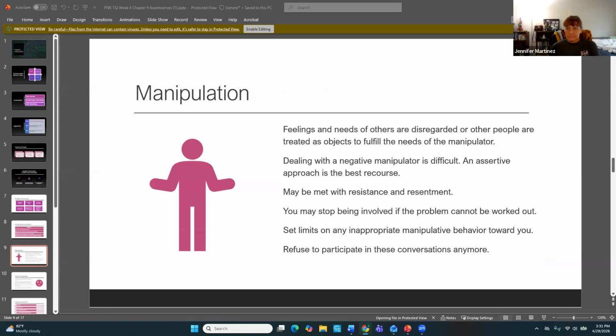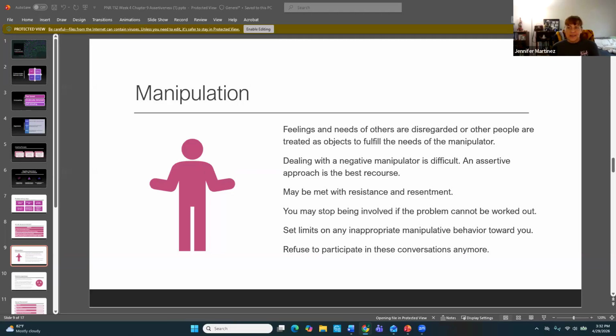Manipulation. So manipulation is when the feelings and needs of others are disregarded or other people are treated as objects to fulfill the needs of the manipulator. And I'm sure everybody has worked with a manipulative patient, and if you've not, you will come across them.